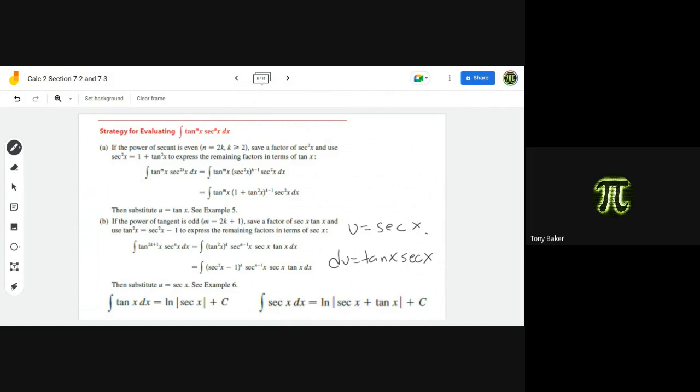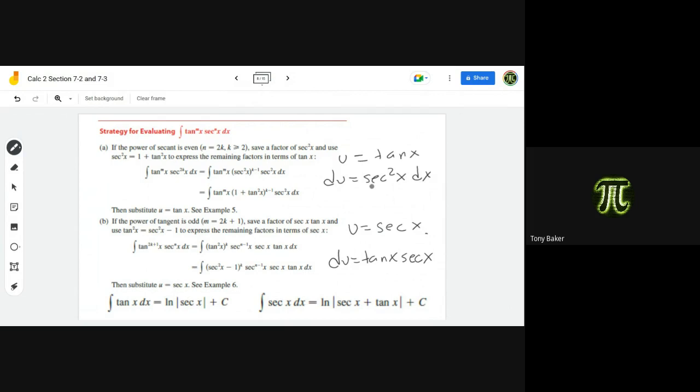So if the tangent is odd, I'm going to pull out one of those tangents, and my u is now secant of x, and now my tangent's even because I pulled out one of them. One sec. And then this one was du is tangent x, and du is secant squared x dx.